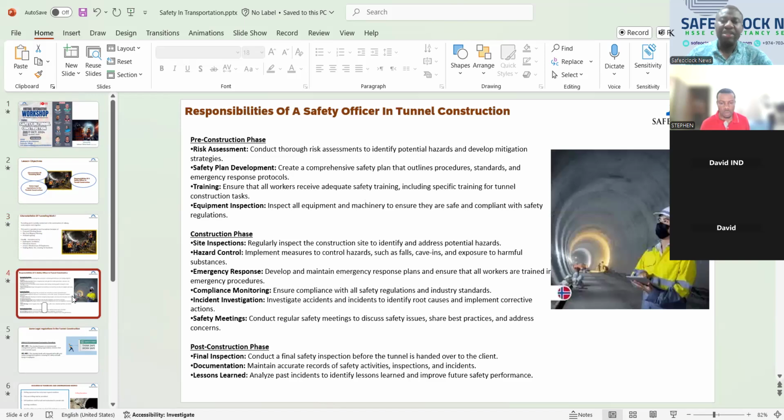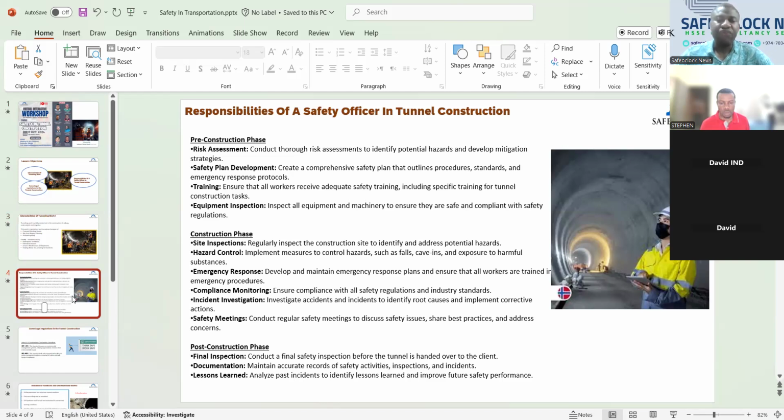Let me talk about the responsibilities of safety personnel in this type of activity. First, at the pre-construction phase, the safety officer should conduct a comprehensive risk assessment, should have an available health and safety plan, should conduct trainings for all the teams that will be involved in the activity, and should also do pre-equipment inspection.